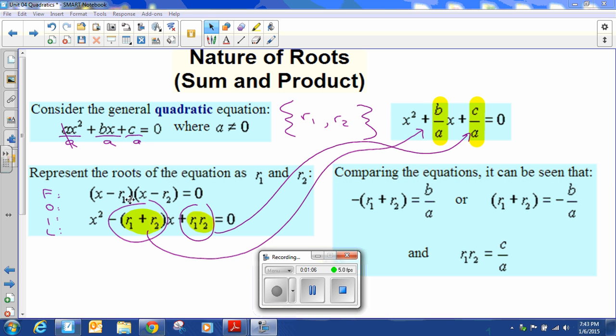If we were to FOIL this, we'd end up with this equation down here. And if you simply set the coefficients of x equal to each other and set the constant equal to each other, you end up with the two formulas for the sum and the product of the roots.